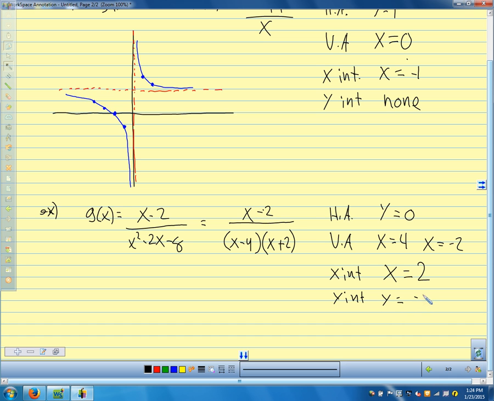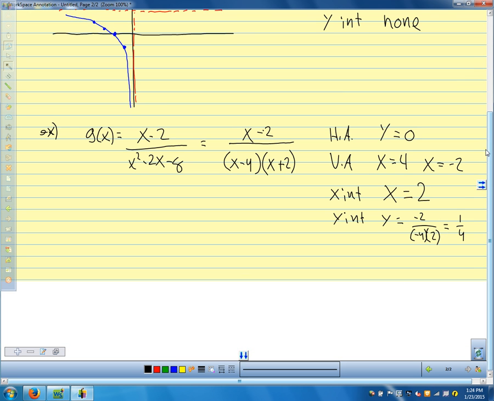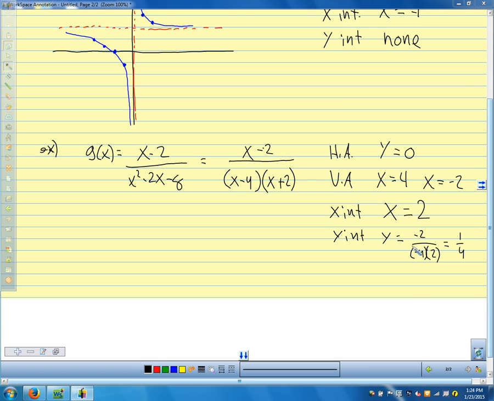So we get negative 2 over negative 4 times 2, which is 1/4. So y-intercept is y equals 1/4. Don't have any holes. Don't have anything else we have to worry about.